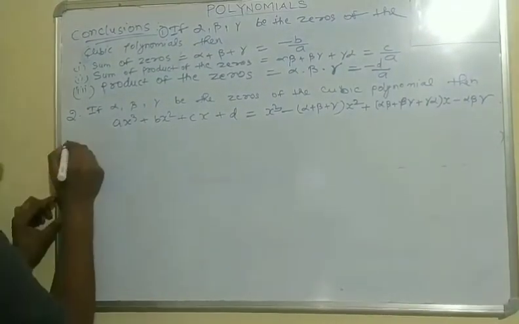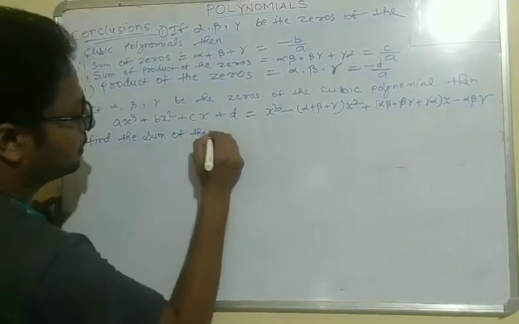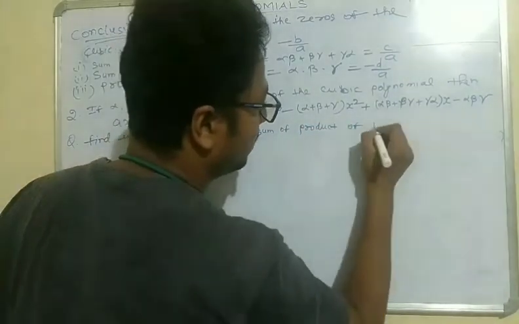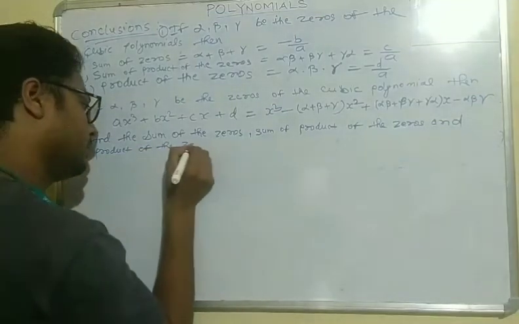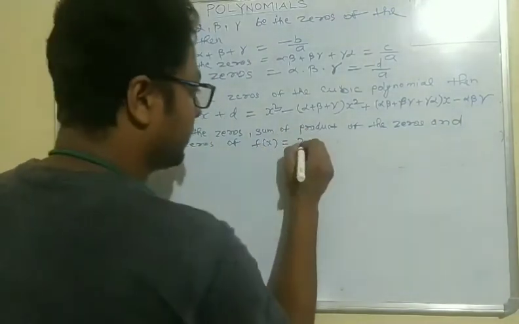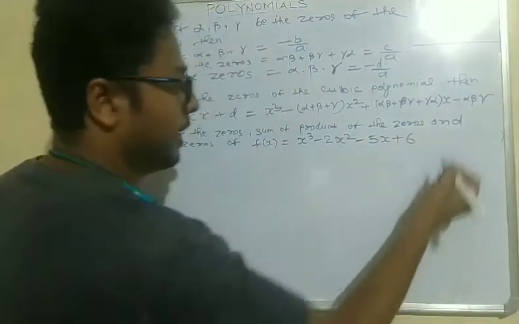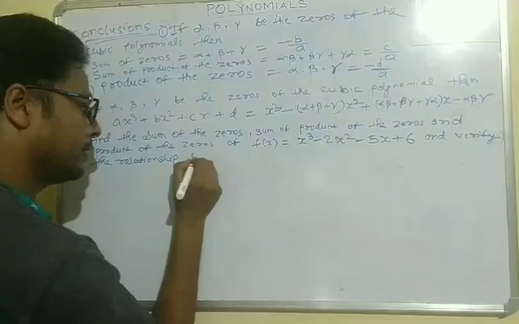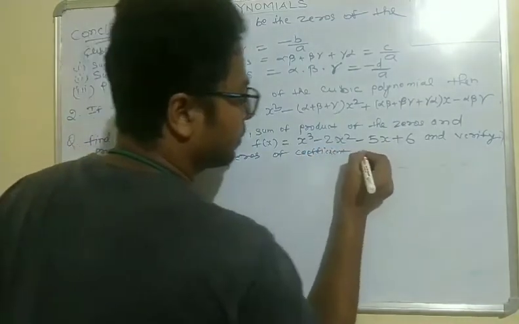Numerical: find the sum of the zeros and the product of the zeros of the cubic polynomial f(x) equal to x cube minus 2x square minus 5x plus 6, and verify the relationship between zeros and coefficients of the cubic polynomial.